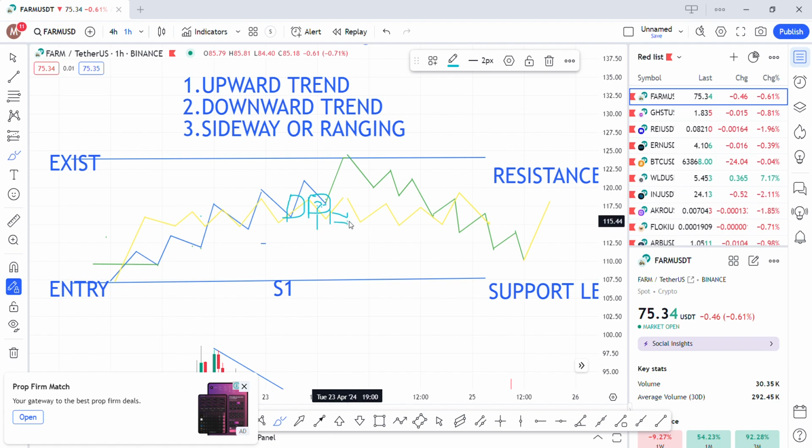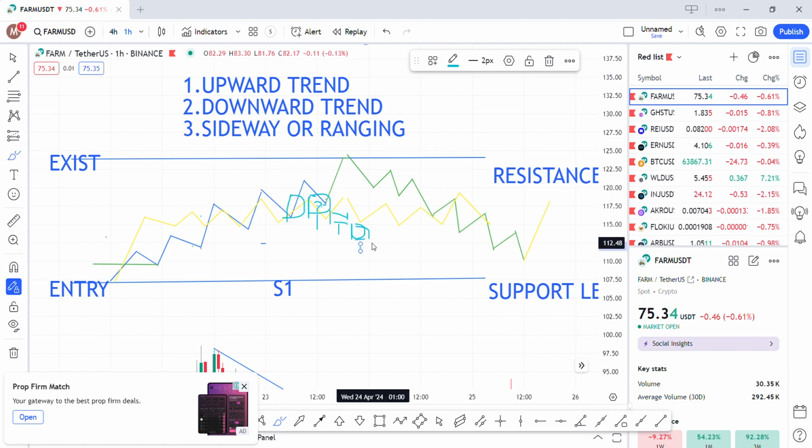Expect the next candle here to be down. It will also have a shadow or a weak point. Now another candle will also form. The next one will also form.